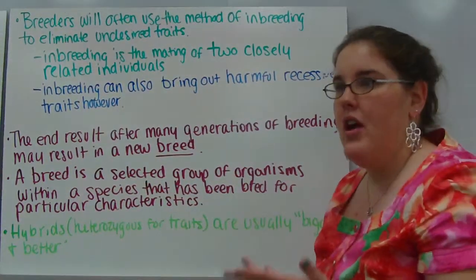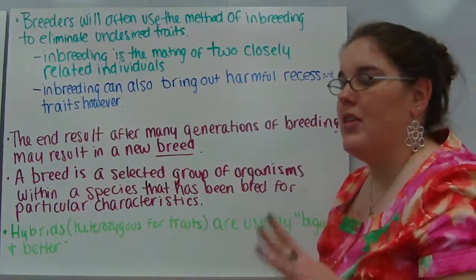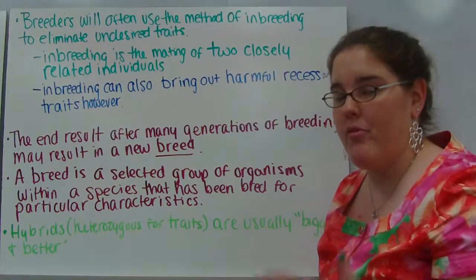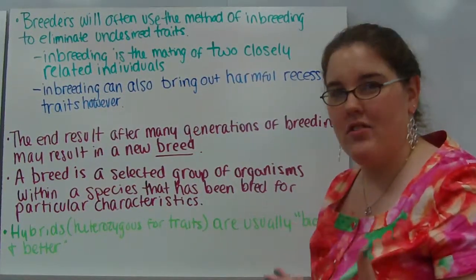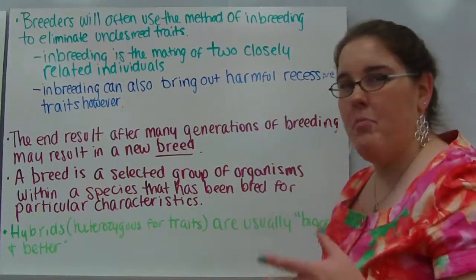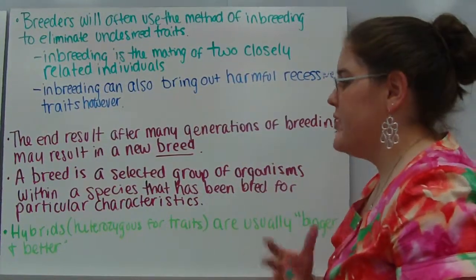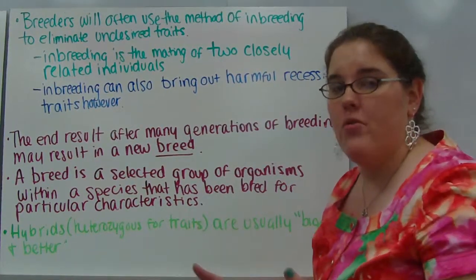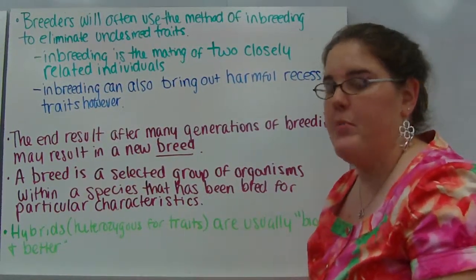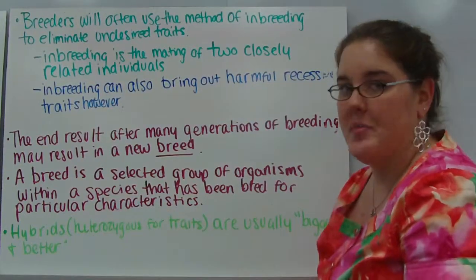The Labradoodle's coat color depends just like a Labrador's will, but they have the hair characteristics of a poodle, and they're a lot bigger. Those are the particular characteristics that they were looking for in that breed, but it is still part of the dog species.